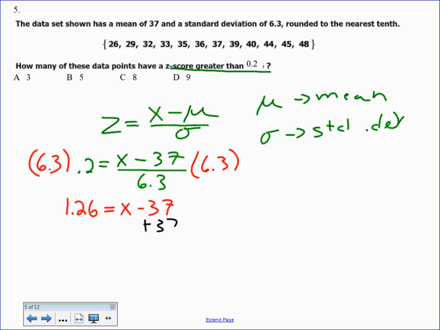Add 37 to both sides, and I get x equals 38.26. So, what are the data points that are greater than 38.26? That one, that one, that one, that one, and that one. Those are all greater than 38.26. So the correct answer is 5.